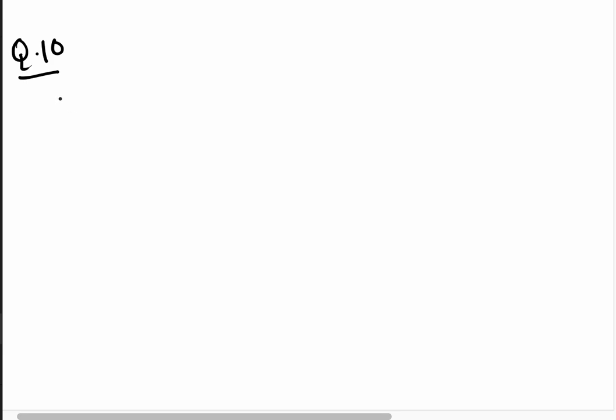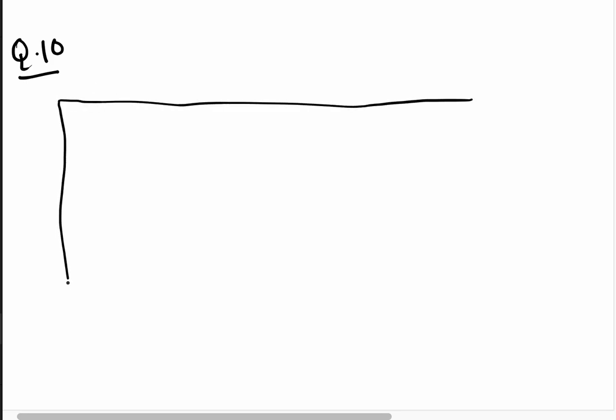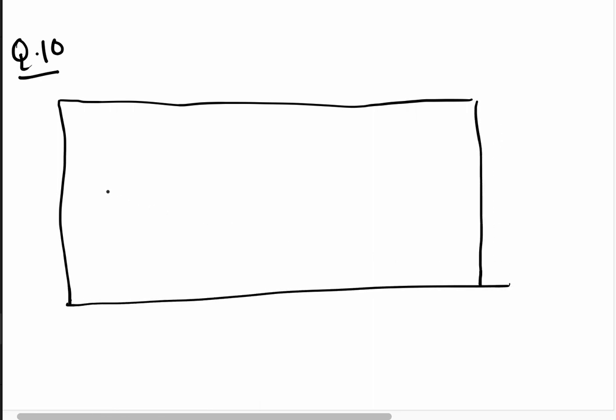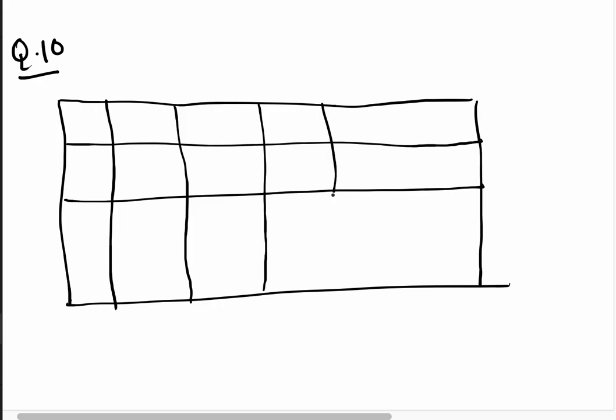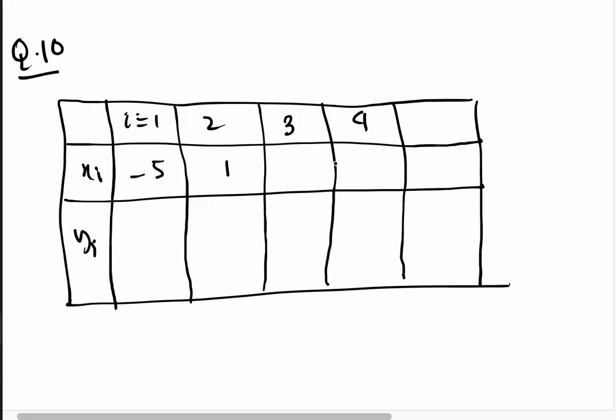It's a table. xi, yi, i equal to 1, 2, 3, 4. xi is minus 5, 1, 2, 2, and yi is 1, 3, 3, 5.